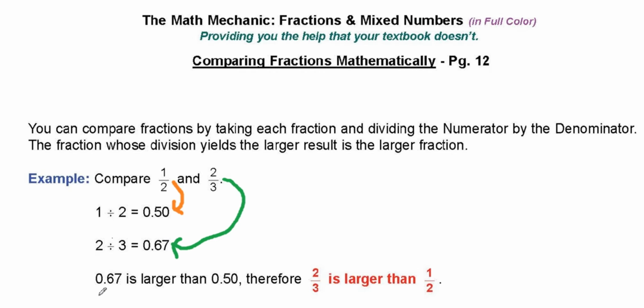So, since 0.67 is larger than 0.50, 2/3 is larger than 1/2.